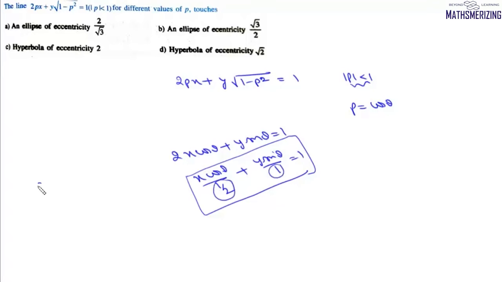So that means the value of a here is 1 and the value of b is 1 by 2. Now b square is a square into (1 minus e square). So e square in this case will be simply 3 by 4. The value of e will be root 3 by 2. So this line for different values of p will always touch an ellipse whose eccentricity is root 3 upon 2. And that's your option number B.